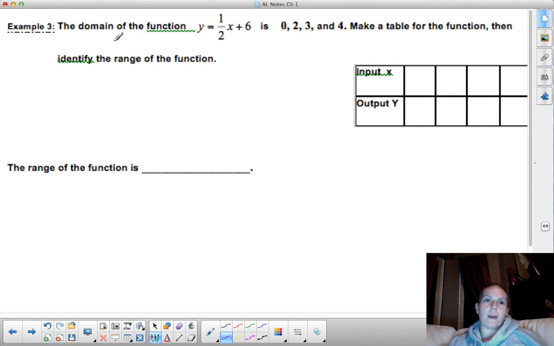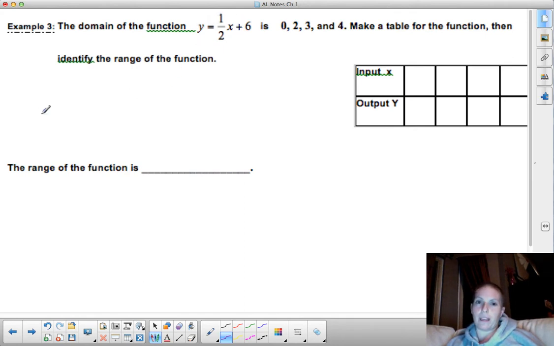Example 3. The domain of the function y equals 1/2 x plus 6 is 0, 2, 3, and 4. Make a table for the function, then identify the range of the function. So this problem doesn't have that verbal model involved, even though we could in fact write it.